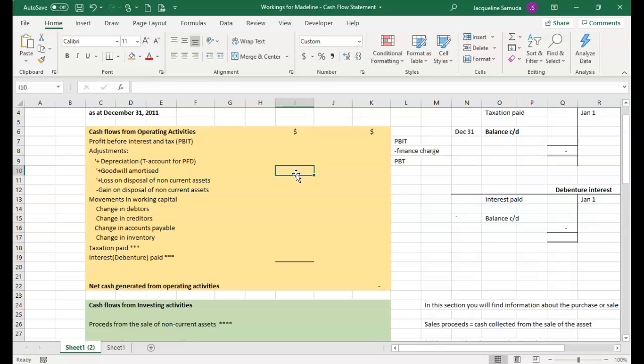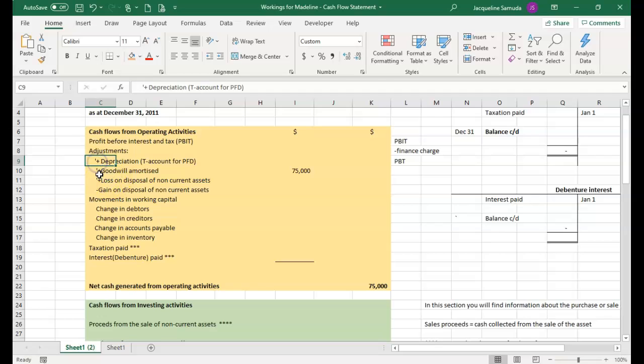So some amount was written off or amortized, and so when I subtract the 35,000 from the 110,000, I get 75,000. Now this is one of the adjustments where we have to add back this amount amortized, add it back to the profit before interest and tax.